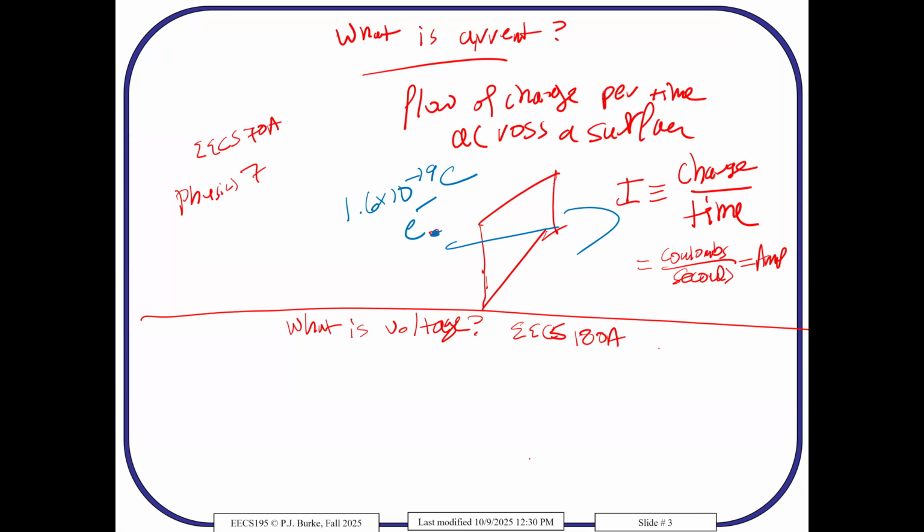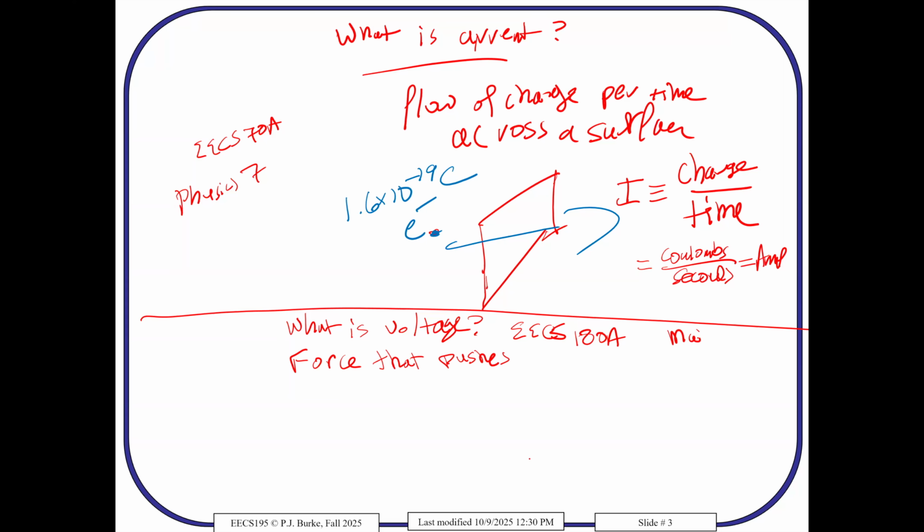So what is voltage? Not energy. Potential difference. So it's a little more subtle. I'm going to be vague initially.